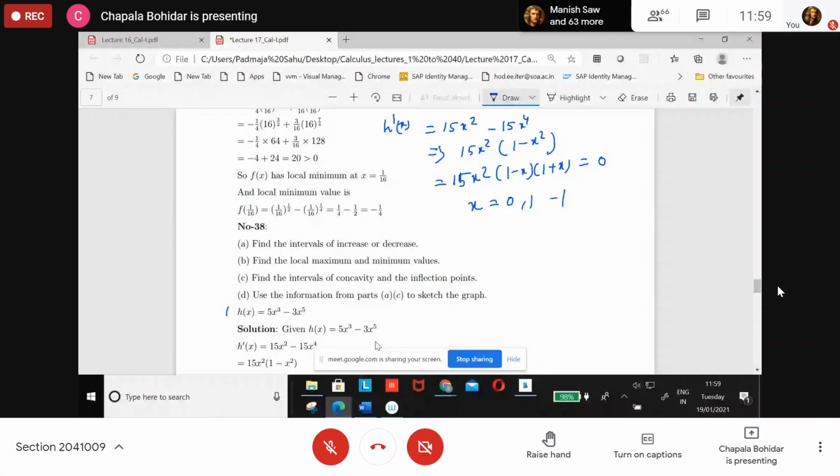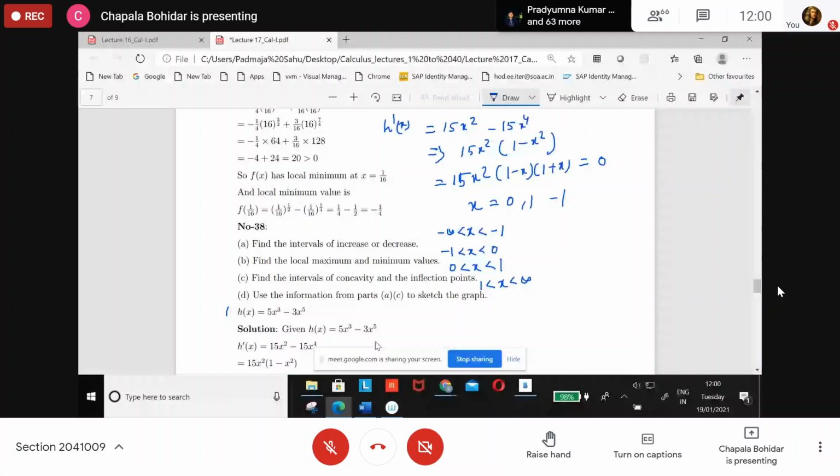So x is less than minus 1, then minus 1 less than x less than 0, then 0 less than x less than 1, then 1 less than x less than infinity. You have to write down like this, as intervals.